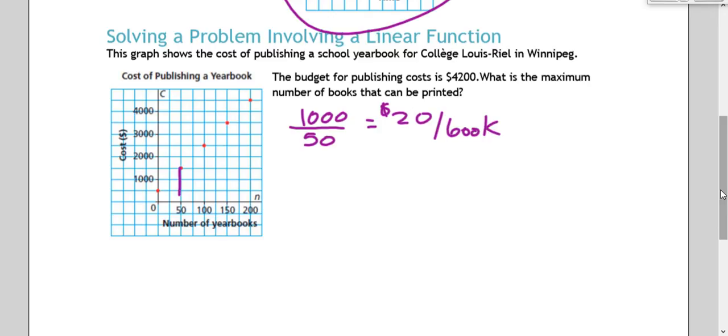I can plug that into a formula now. I can say cost is equal to my rate of change times the number of books I want plus my initial. That goes way back to one of the earlier sections when I showed you all the different ways to identify a linear relation. So this is the dependent.